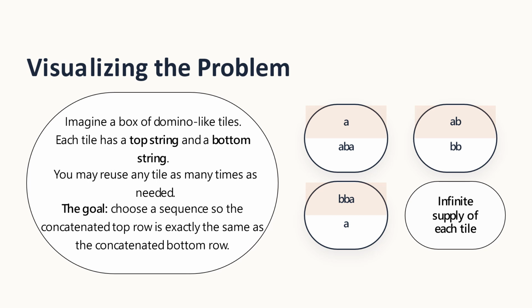Your goal is to arrange a sequence of tiles so that if you read all the top strings together from left to right and all the bottom strings together from left to right, both complete strings become exactly identical. Now, this is the central puzzle of PCP.